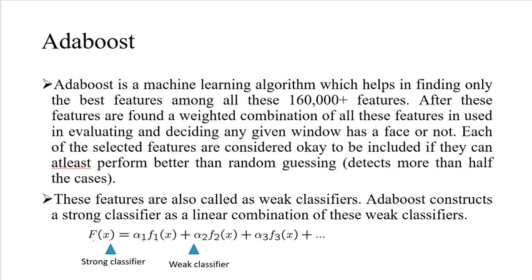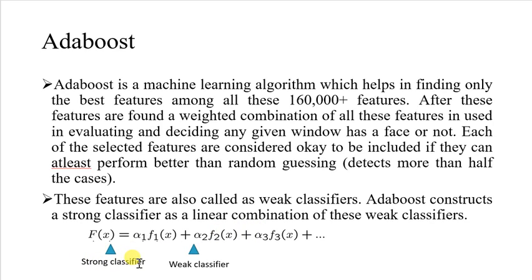So a weak classifier is just a relevant feature extracted by AdaBoost, and we apply that relevant feature and find its corresponding weight, and we combine all those relevant features with their corresponding weights to form a strong classifier and a strong detector.